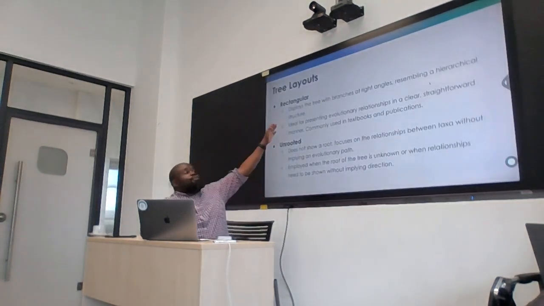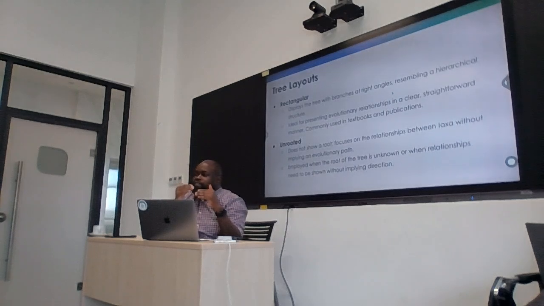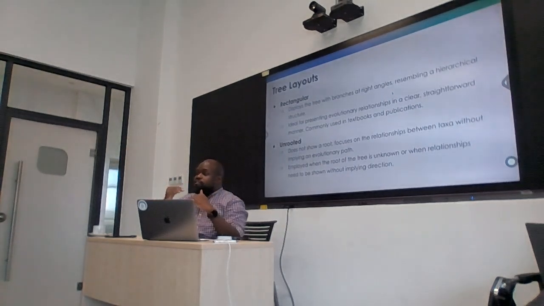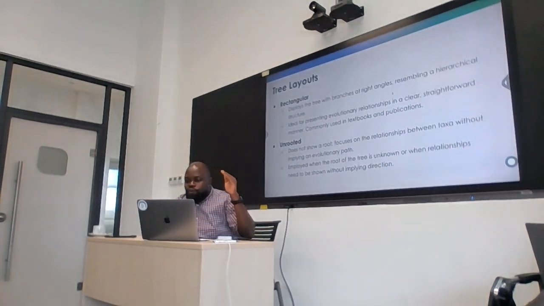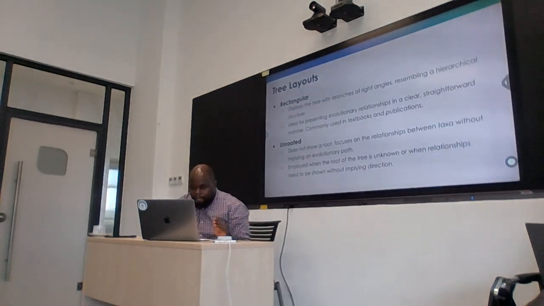The rectangular one is the one most people use. We always use rectangular because it's good at representing the hierarchical structure, which, remember, a phylogenetic tree is about: the ancestral relationships. So rectangular is really good because the information is clear and straightforward.